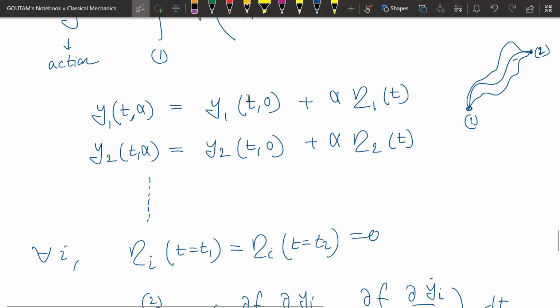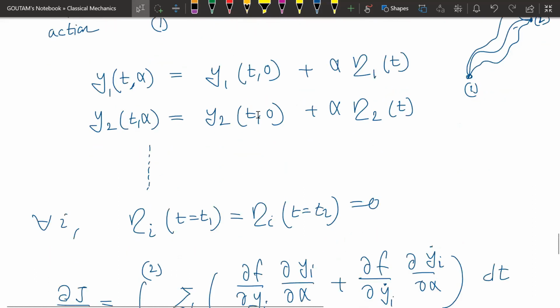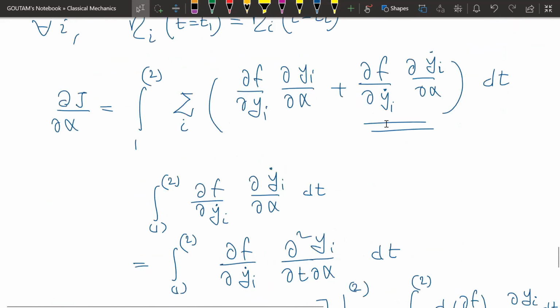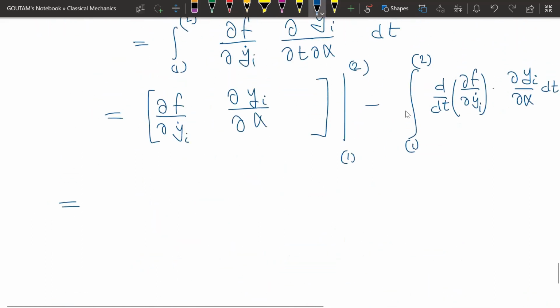So for any yi, ∂yi/∂α will be eta i. So then this term will be eta i(t). Now if we put the limit from point 1 to point 2, then we will get a term which includes eta i(t1), and another term where we put the lower limit, which depends on eta i(t2).